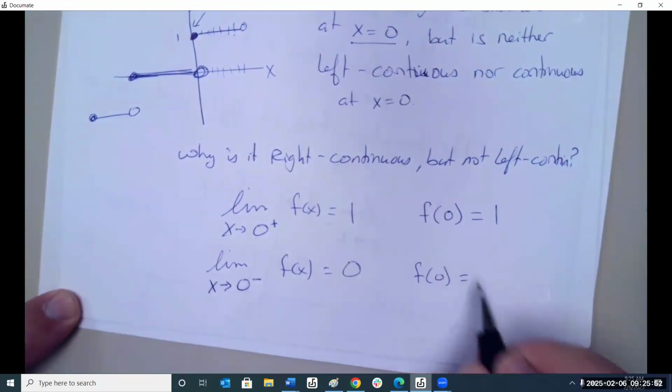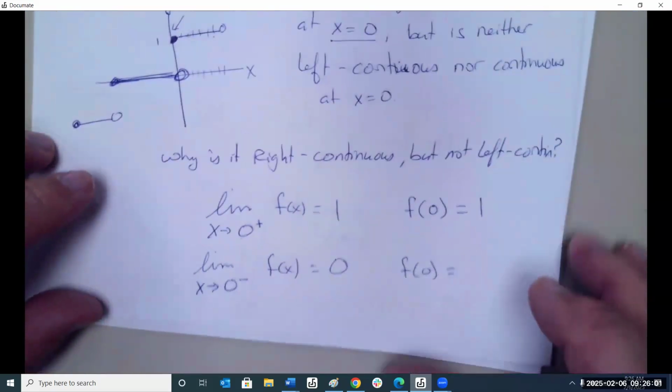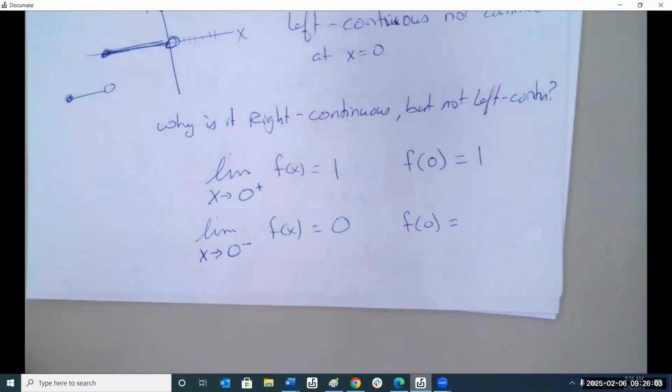At 0, what is it? You have your graph in front of you. You have to look at my pictures. So at 0, what is it? When x is 0, what's the y value?